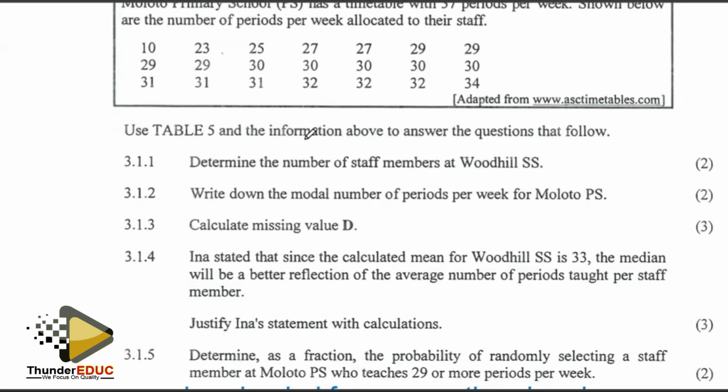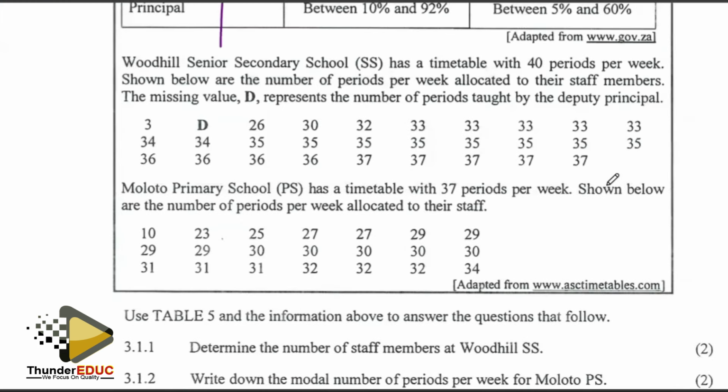Determine the number of staff members at Woodhill Secondary School. Now, each number represents a staff member, so all you're going to do is count them. We have 1, 2, 3, 4, 5, 6, 7, 8, 9, 10. So they are 10 by 1, 2, then by the plus.